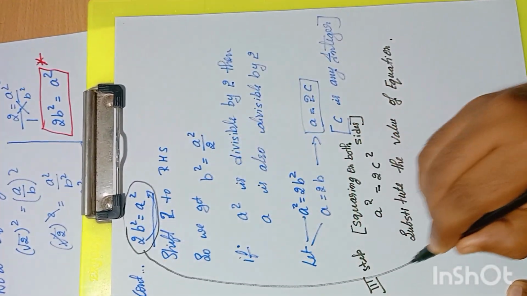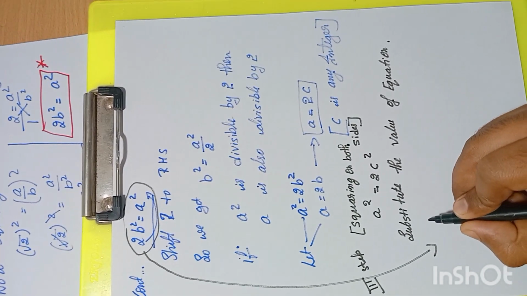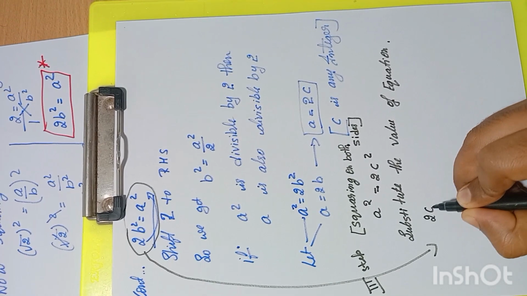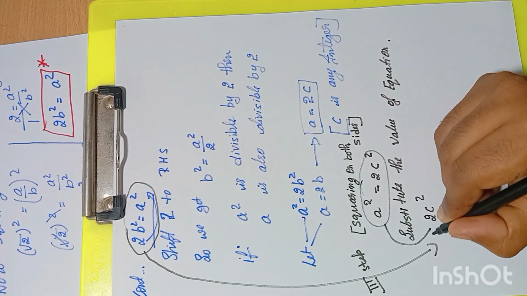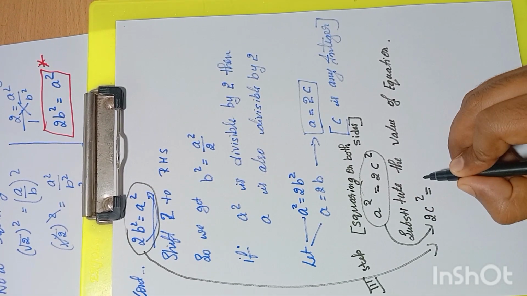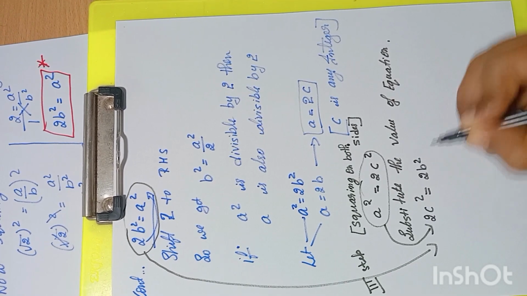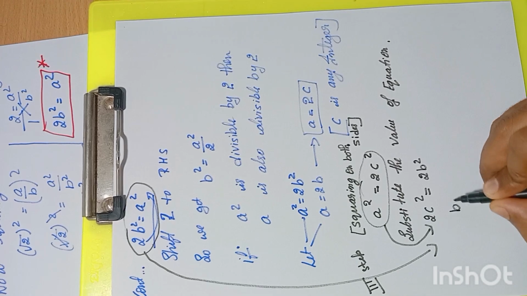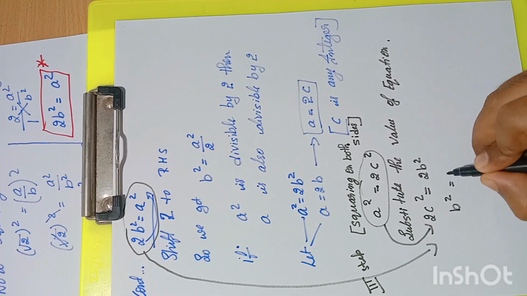So we have 2c square is equal to 2b square. Otherwise we can write it as 2b square is equal to 2c square. So the 2 will cancel each other.